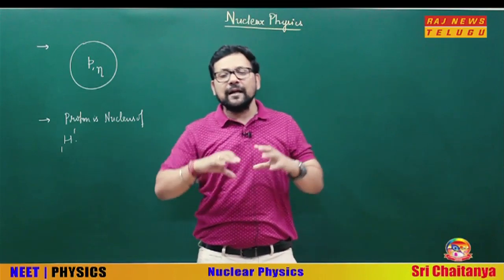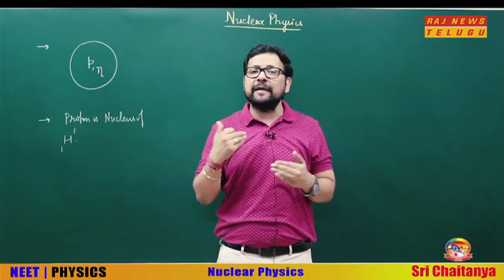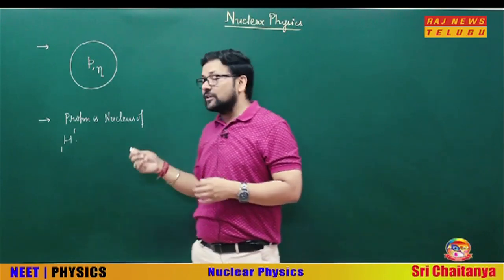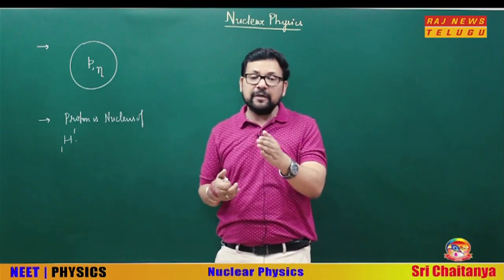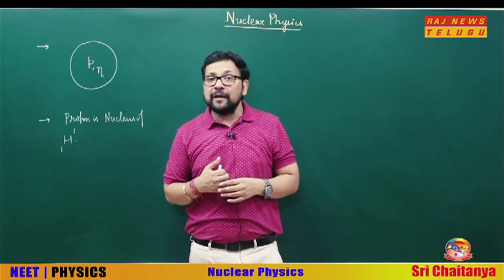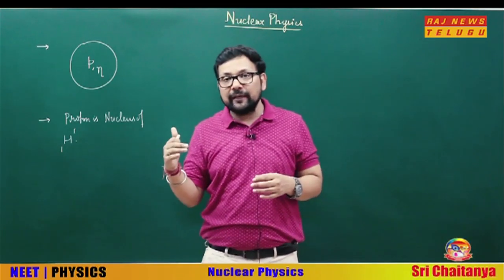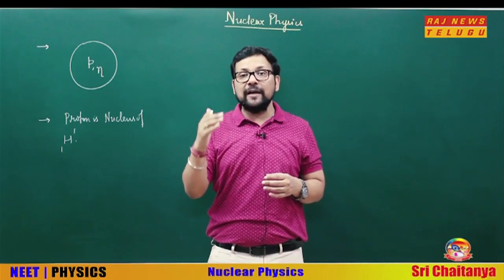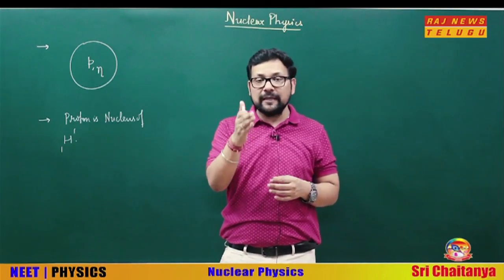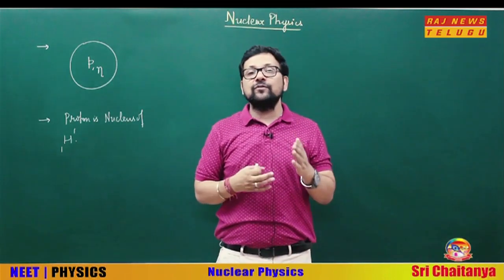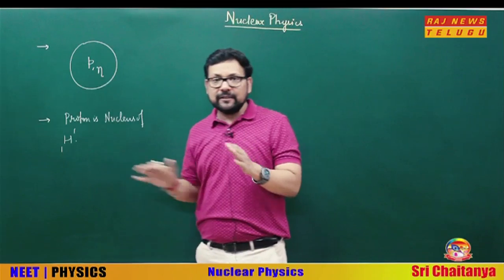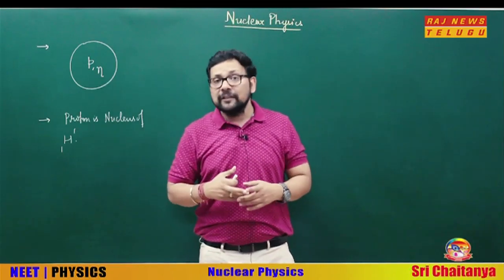Tritium is unstable, which we can make inside the lab, but 2 isotopes, protium and deuterium, actually exist. But among these 3, 99.985% abundance is of the proton. So these were the initial points that we discussed, the composition of the nucleus.